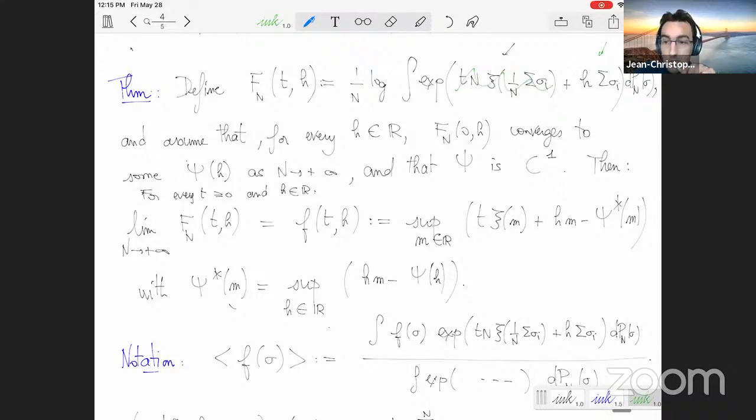Then we take the log, divide by n, and the assumption is that this converges and that the limit is psi. So it matches the large deviation result we discussed earlier: when the Laplace transform of your sequence of random variables converges to some limit, then by that result, the random variable 1 over n sum of sigma_i satisfies the large deviation principle with speed n and rate function psi star. And this is what I want to use to complete the proof.